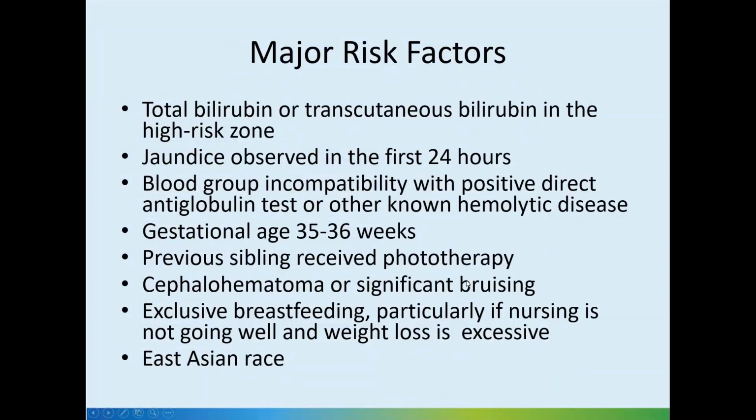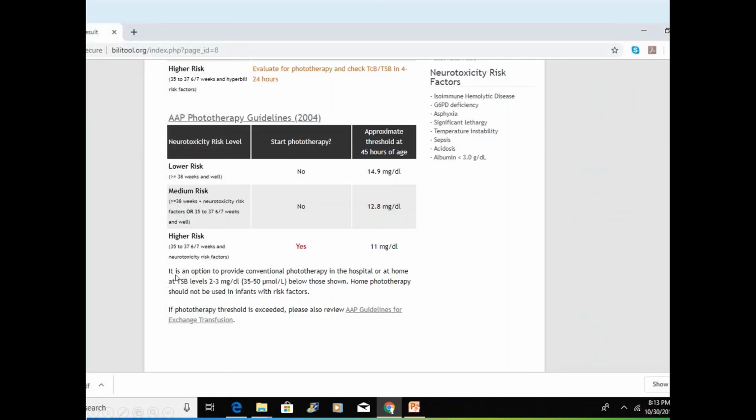So this is a guide again, and just to reiterate that it is an option to provide conventional phototherapy in the hospital or at home at bilirubin levels 2 to 3 milligrams below those shown, or 35 to 50 micromoles per liter. So sometimes depending on the family situation, and remember that if you don't treat, you have to keep bringing them back. So you have the option to admit them and treat, pending the insurance coverage and the parents' desire to treat.